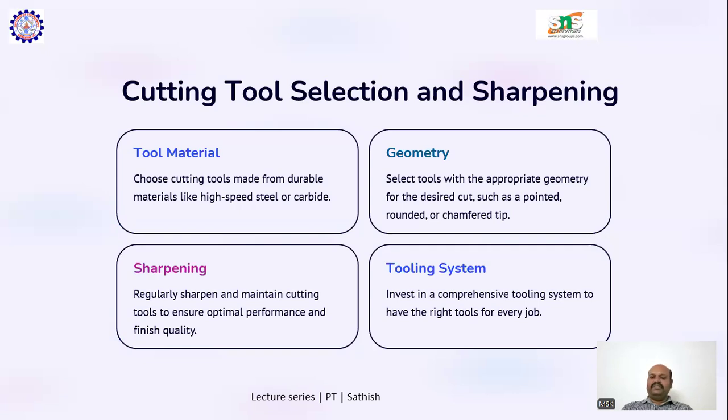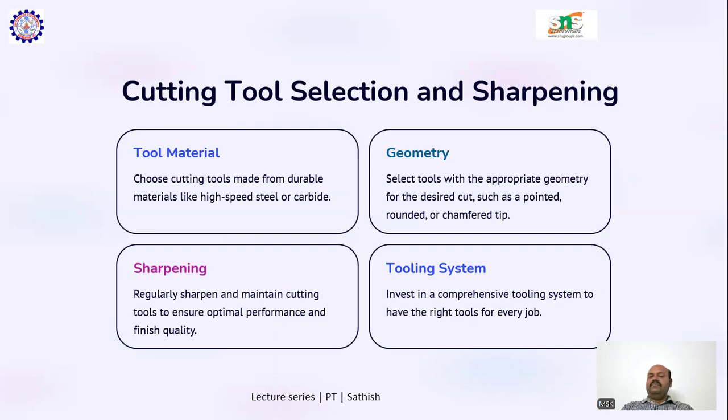The hardness of the part to be machined should be less than the tool; that means the tool should have higher hardness than the workpiece. The geometry of the tool is very important, like cutting angles. All the cutting angles, sharpness, the one-pointedness, rounded or chamfered tip, everything should be ensured before selecting a tool.